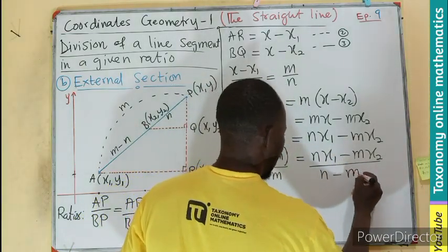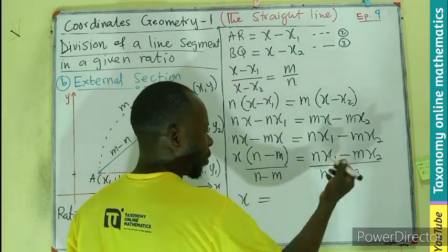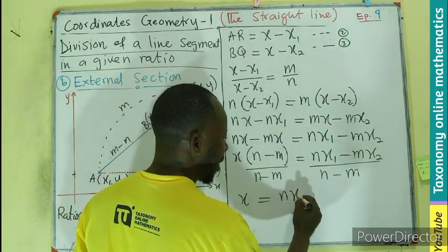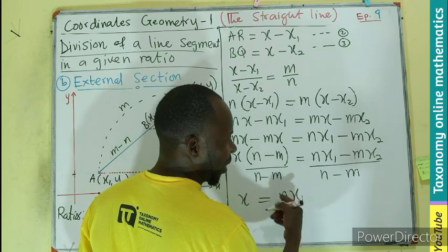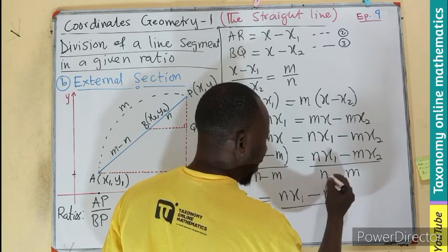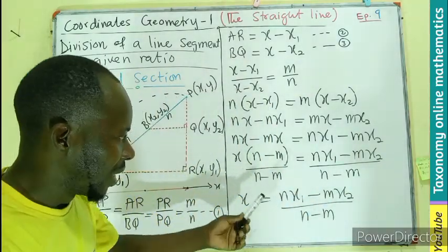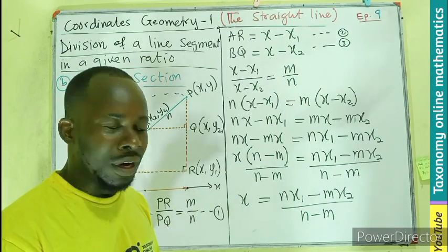N minus m will cancel to give you x equals nx1 minus mx2, divided by n minus m. So we can have this as the x coordinate.